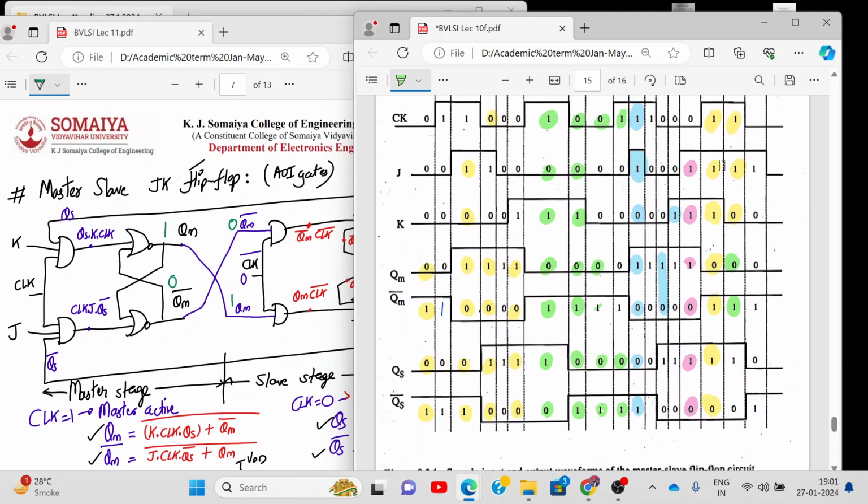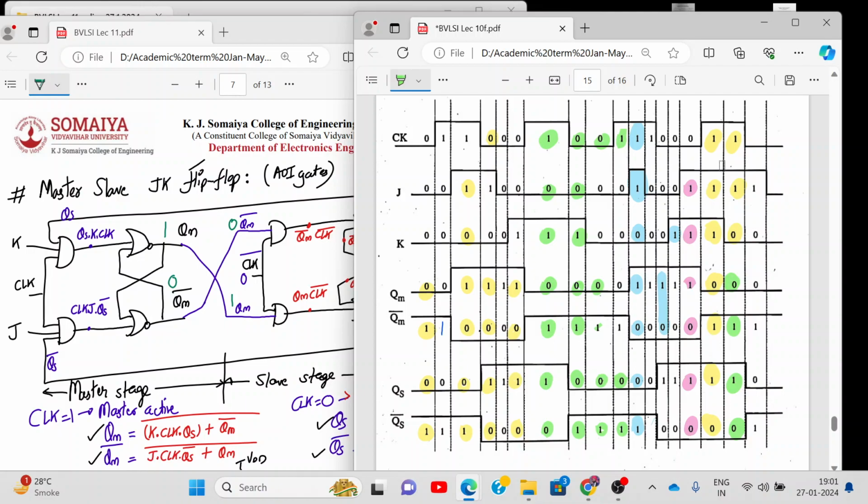Sir, because this master is on and slave is off, so it is following it. मास्टर इज ऑन. Yes, sir, master is on. हाँ, एंड स्लेव इज ऑफ. सो जे के लिए, जे मतलब इट शुड बी 1 ना, आउटपुट क्यू एम शुड बी 1 बट इज 0. Right. सो ये 1 1 में प्रॉब्लम अभी भी हो रहा है.